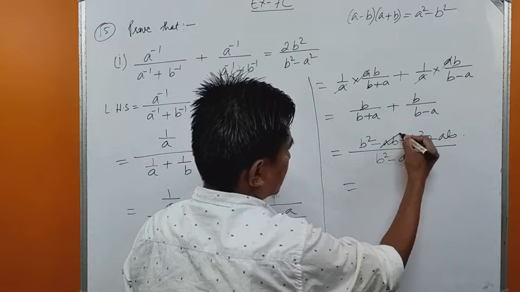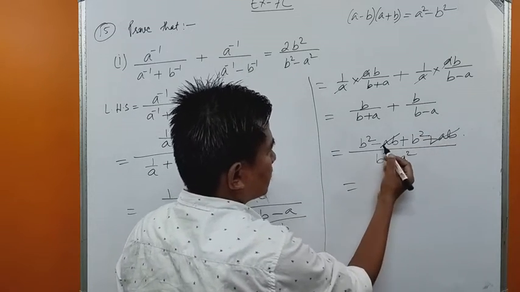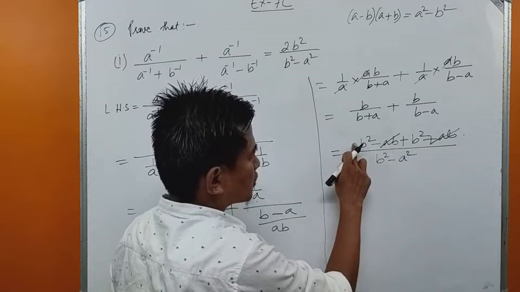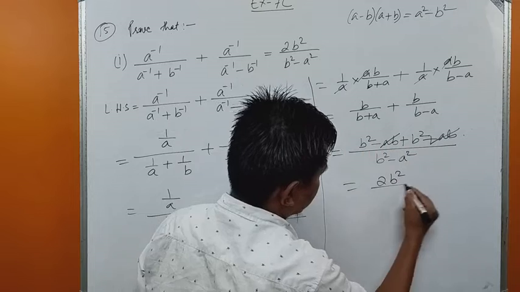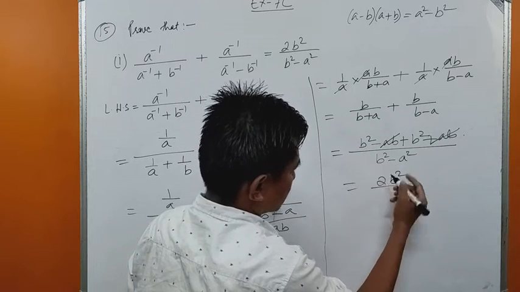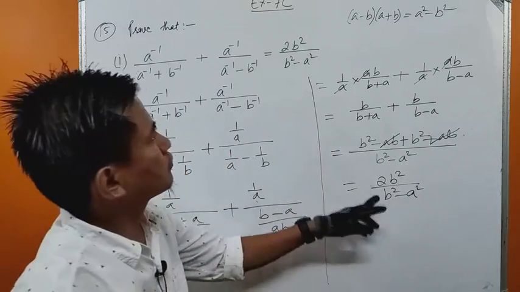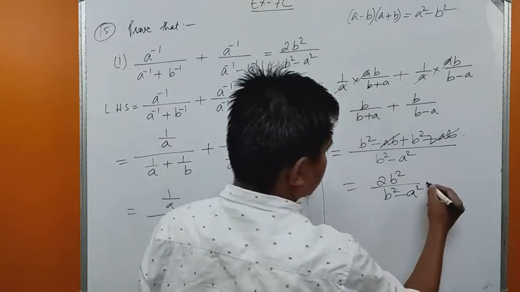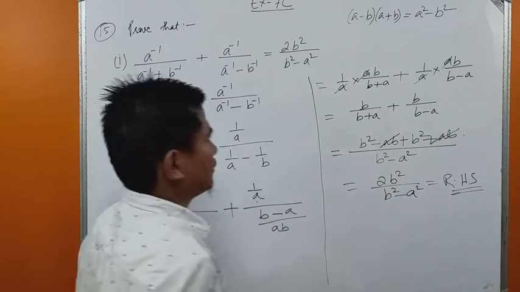Now this minus ab and plus ab can be cancelled. So this is plus b square, that is 2b square, and in the denominator we have b square minus a square, isn't it? So this is what we have in the right hand side, hence proved. This equals to RHS. Okay, so this is proved.